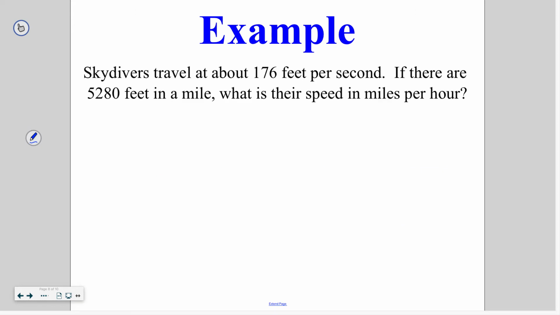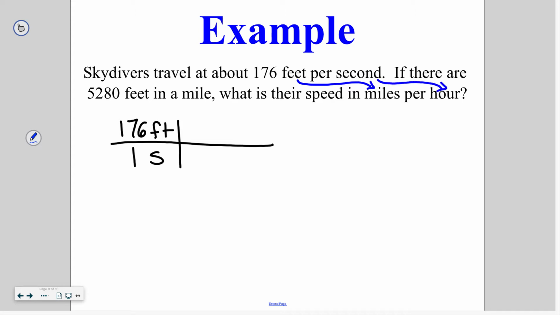This final problem, we're going to convert the unit both above and below that line. So we are going to start with 176 feet per 1 second. Our goal is to change feet into miles and seconds into hours.